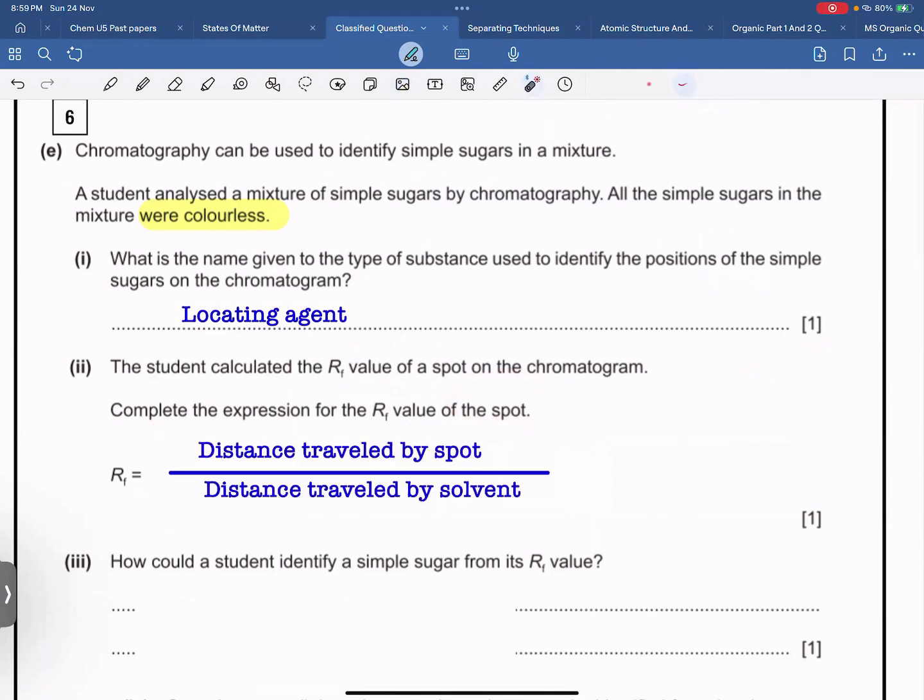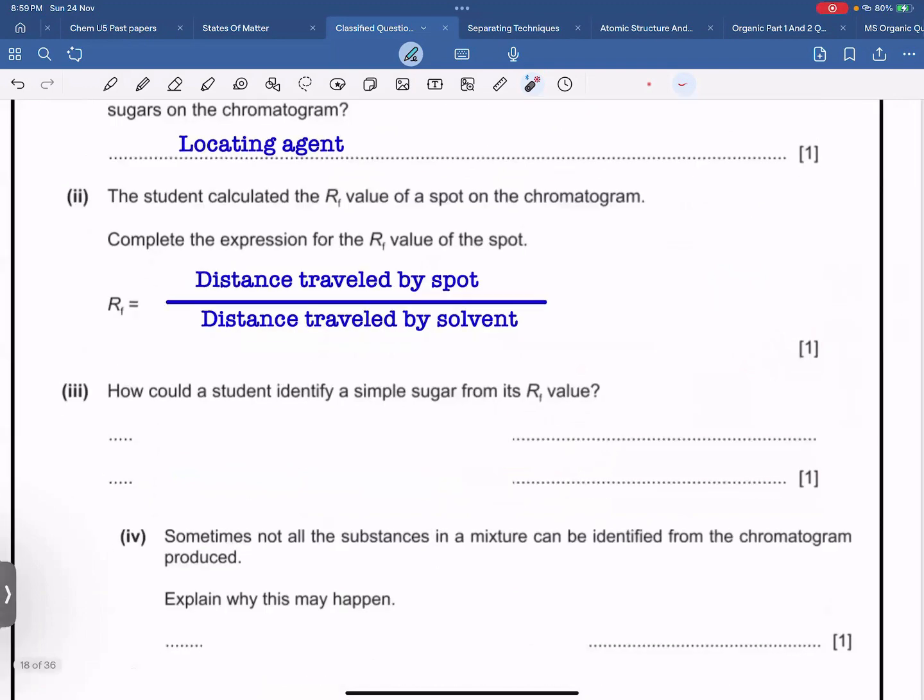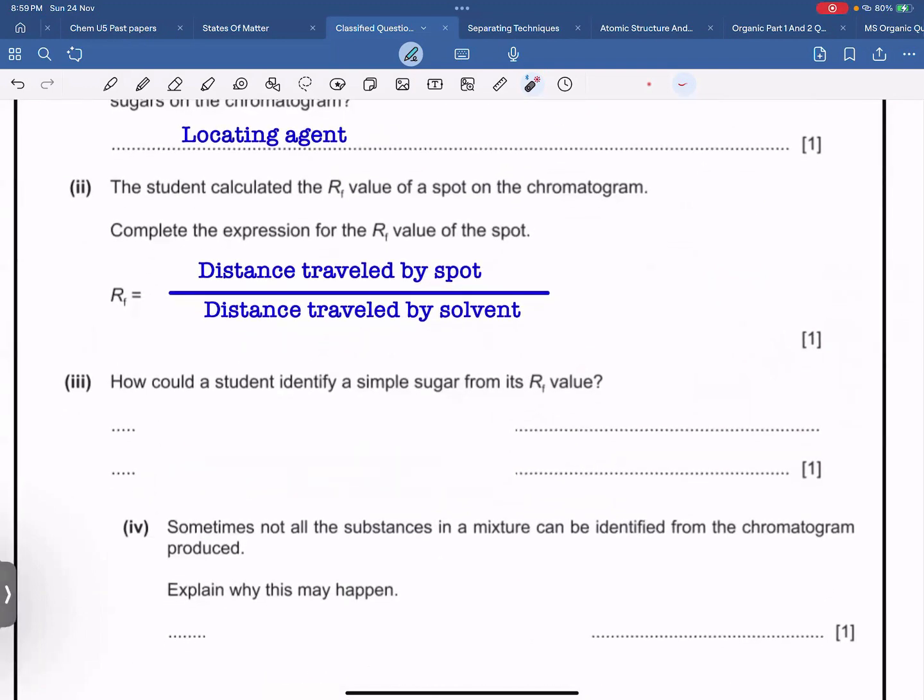So just write the equation: distance traveled by the spot divided by distance traveled by the solvent. And then how could a student identify a sample sugar from RF? By comparing with a reference. If it travels the same distance, it means the same substance.